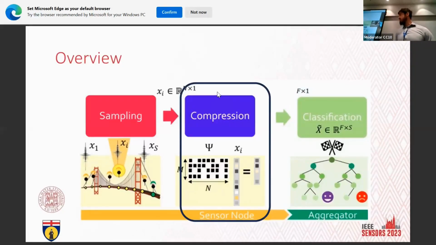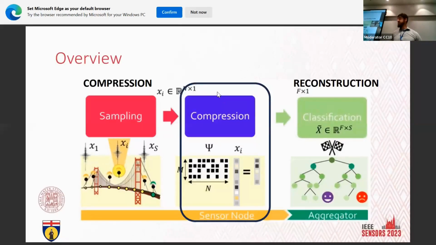One of the main limitations of these approaches is that if you want to collect a lot of data and send them to the aggregation unit, you spend a lot of energy by doing the transmission. So you can see in the literature that there are a lot of approaches that try to compress this information.